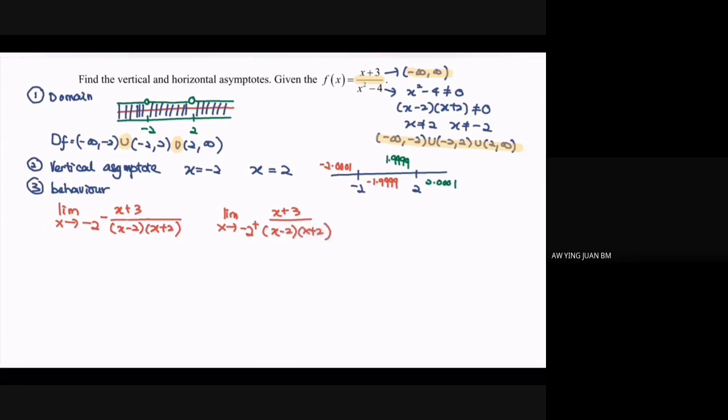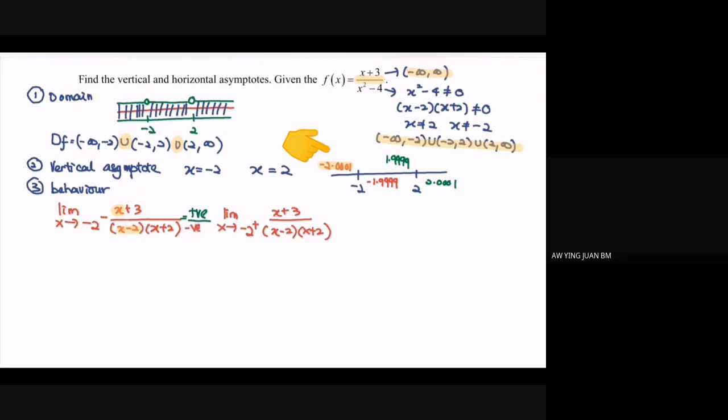So now we are going to discuss. For this case, we have to make use of -2.0001. If we substitute this value into this part, very obviously, we will have a positive value. And if we substitute into this part, we will have a negative value.